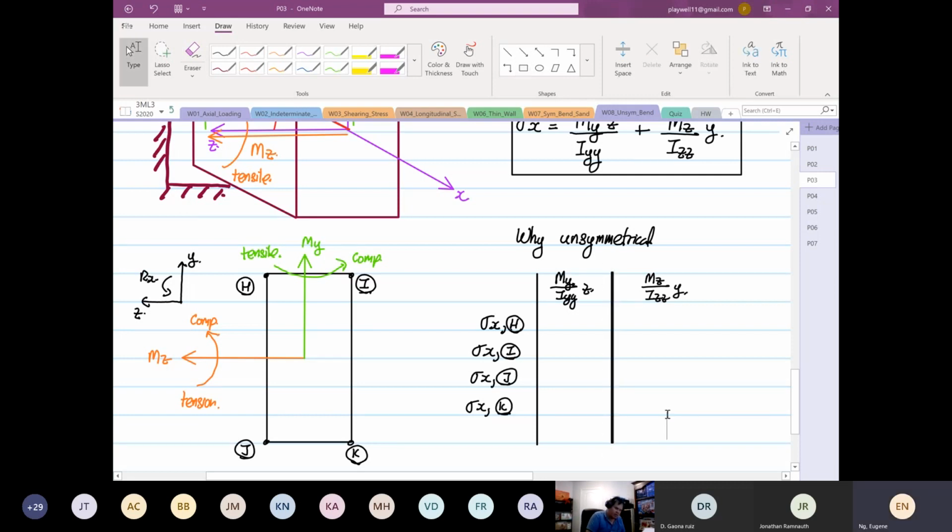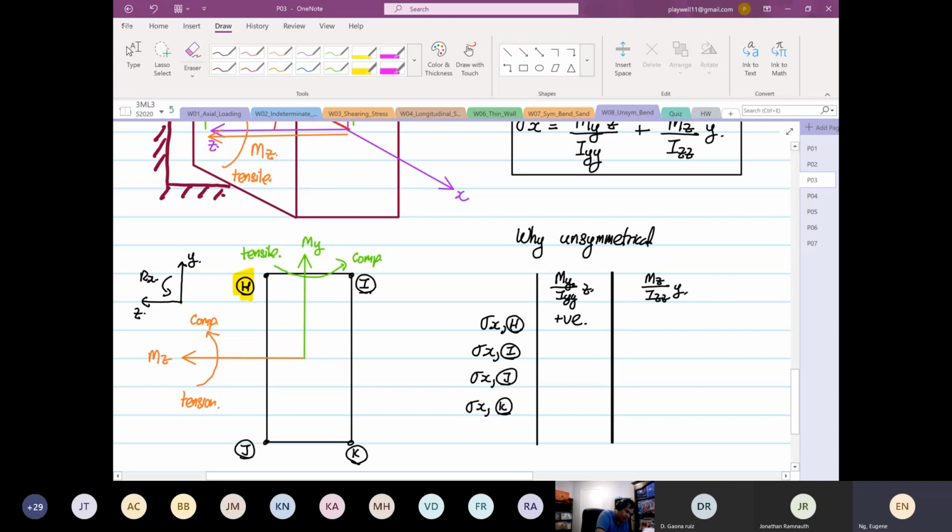So if you look at point H, okay, we're going to look at point H first, right? If we look at point H, the moment about y will generate tensile, right? So this will be positive. The moment about z will induce what? So you look at point H, right?